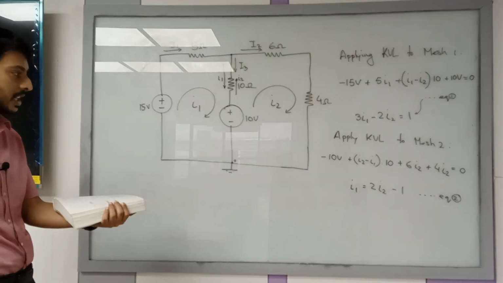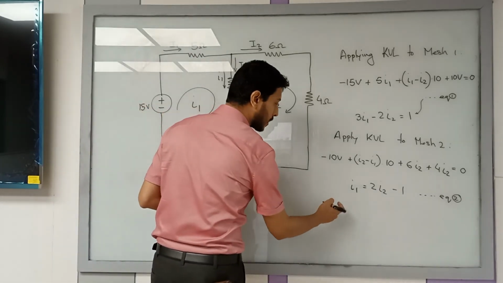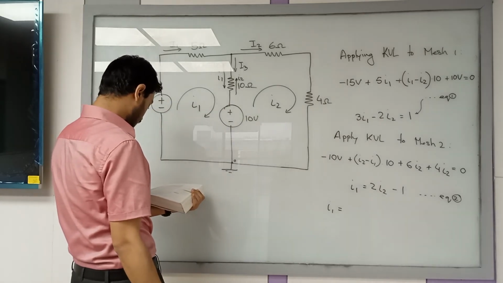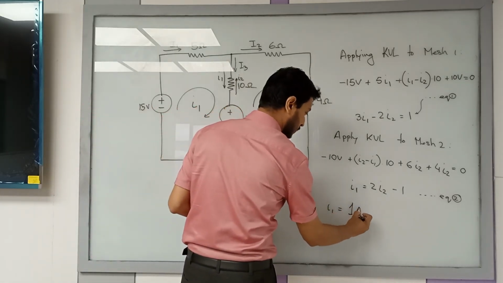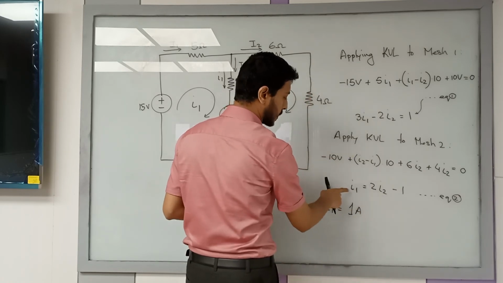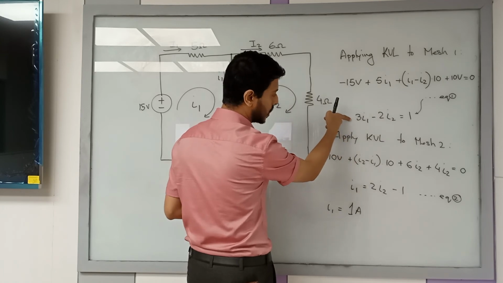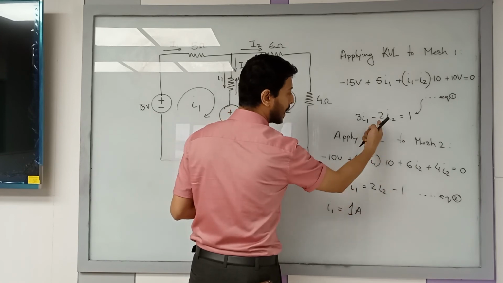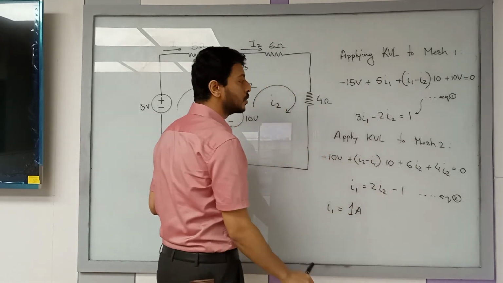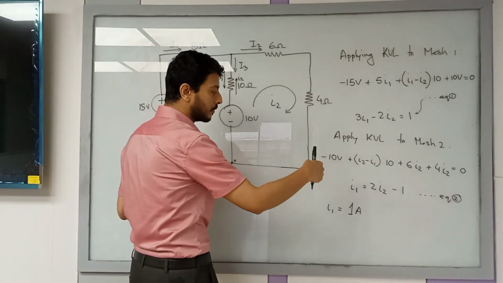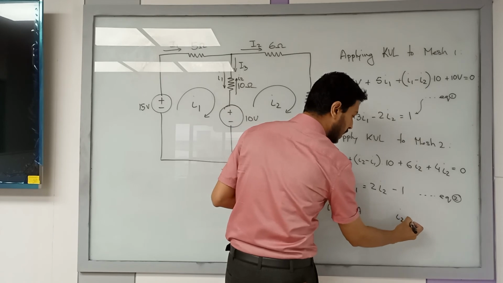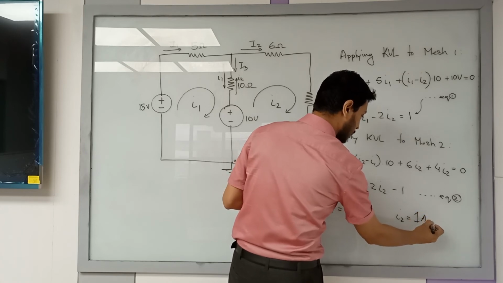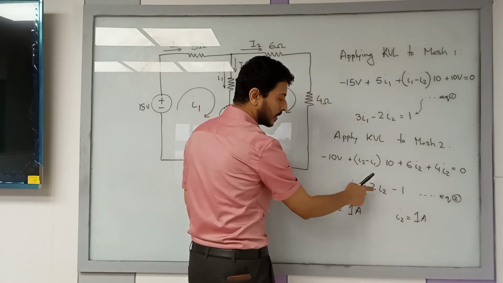So if you solve them simultaneously, your I1 comes to be 1 ampere. Just solve them simultaneously. Put this I1 in equation 1. If you replace this I1 with 2I2 minus 1, you can easily find I2 from here. So when you find I2, your I2 will be equal to 1 ampere. So this 1 ampere, when you put over here, it becomes 2.